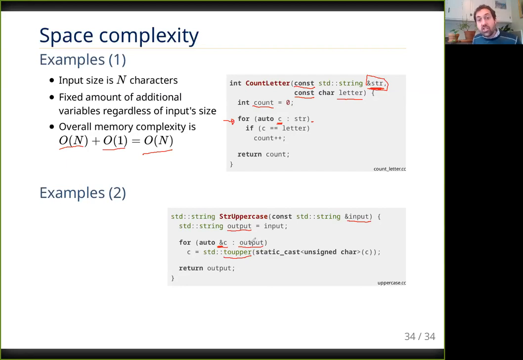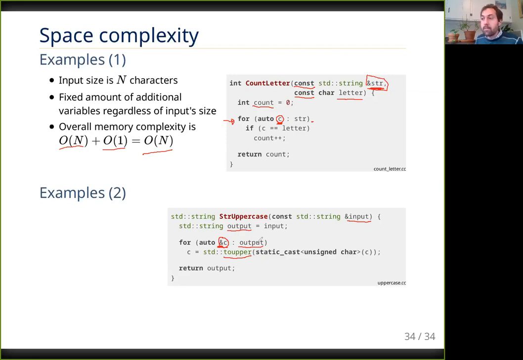And if I want to be able to change those characters, when I iterate through the characters, I need to get references to them. If I were to have my iterator c go through the string, and I wanted to change the value of c, because c is only a copy of the character that we're iterating through, it wouldn't have any effect on the input string. Here, because we have a reference, we're actually going to change this output.